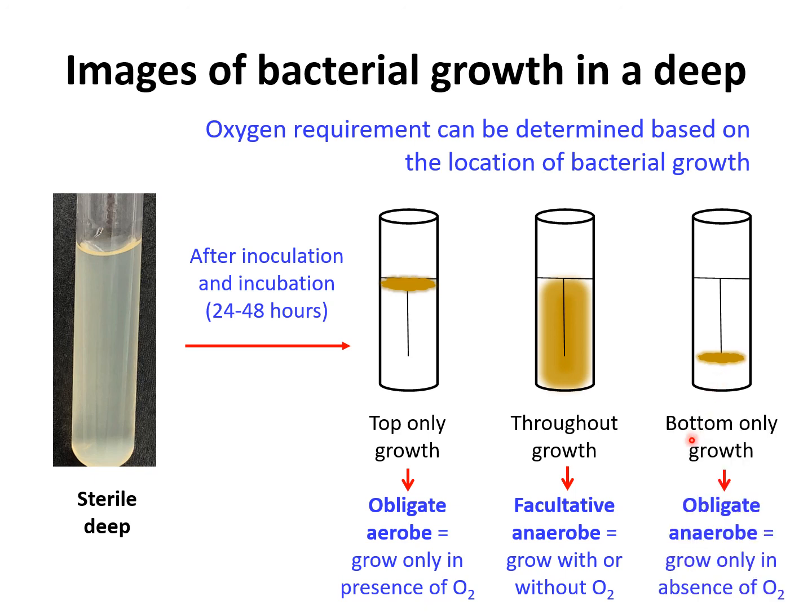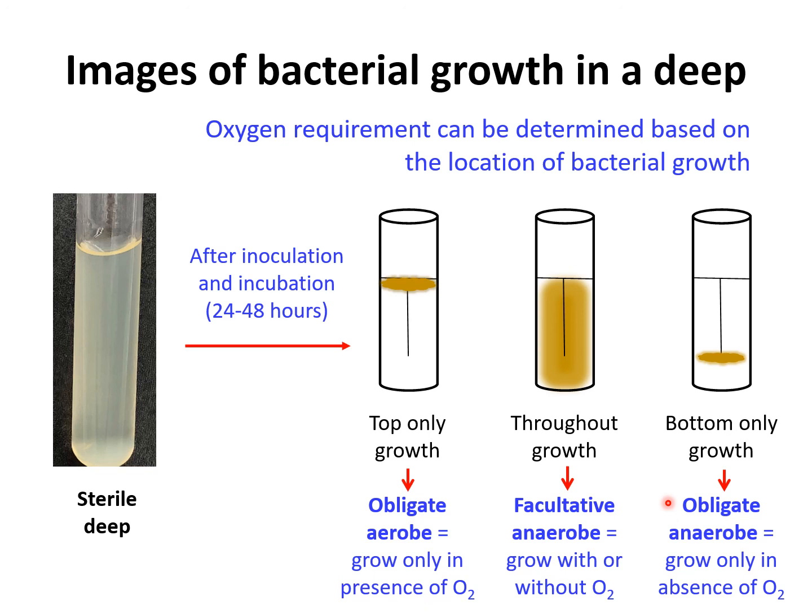Now, what if you see the growth at the bottom of the tube? If you see the growth only at the bottom, then we call your bacteria obligate anaerobe. Obligate meaning a must, anaerobe meaning without oxygen. So it's a must for these bacteria to not be exposed to oxygen. For them, oxygen is actually poisonous.